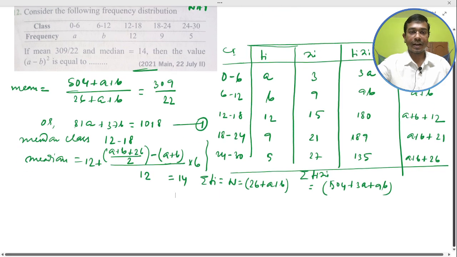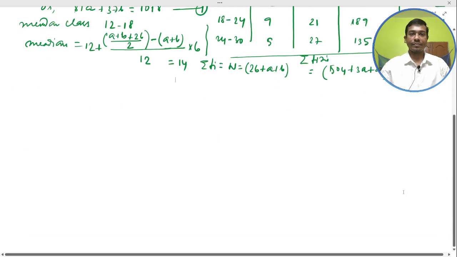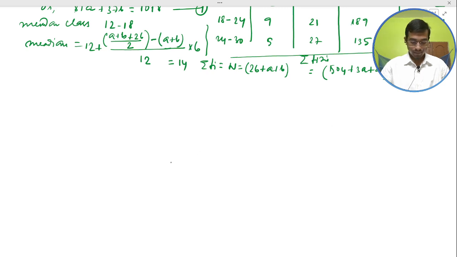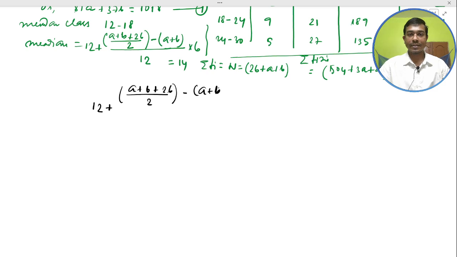I will just write in another pen. This is basically the median: 12 plus [(a plus b plus 26) divided by 2 minus (a plus b)] divided by 12, into 6.